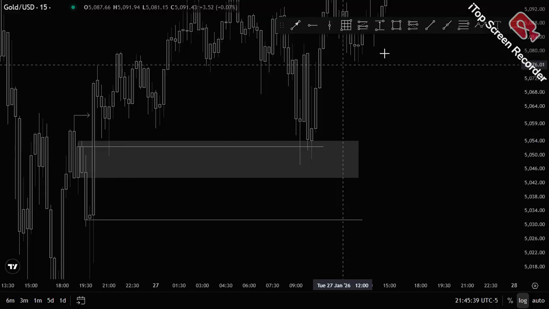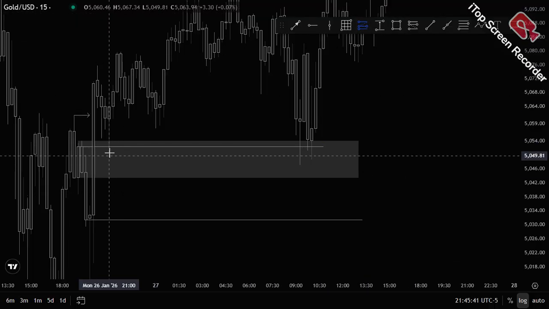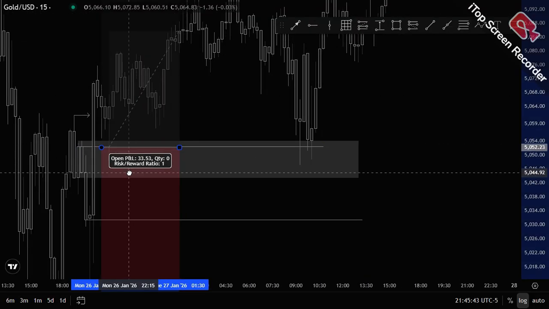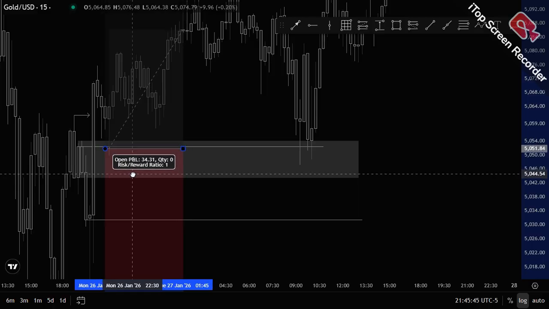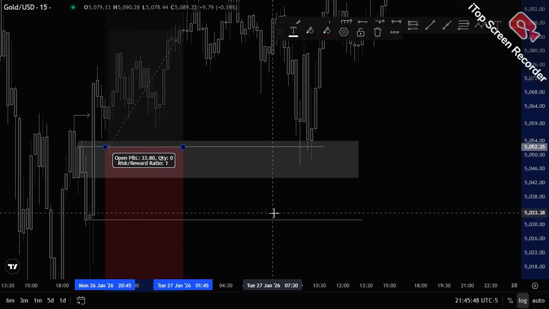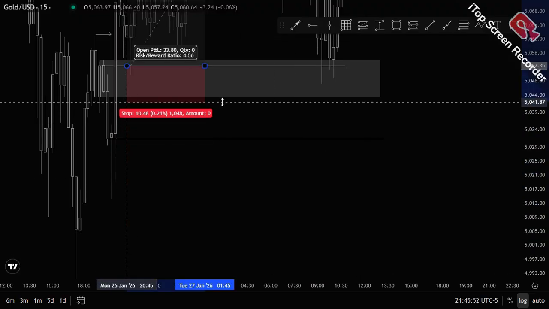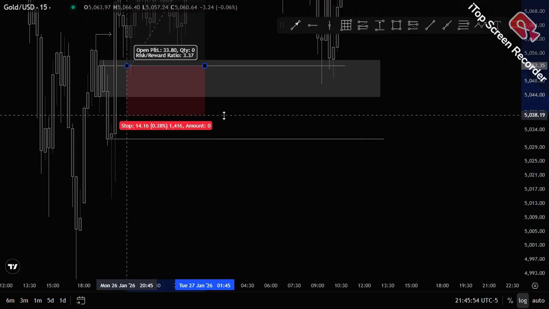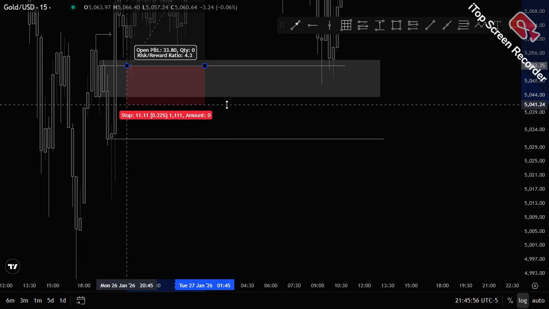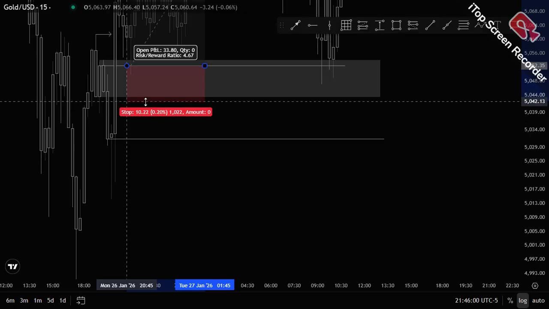We will enter here. So we're risking $10, or whatever you want to risk here. It could be 10. Okay, let's just keep it at 10.